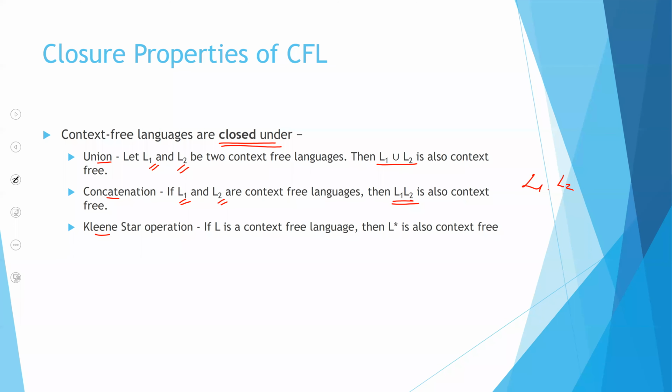Kleene closure, if you say a language is context-free, even the closure of it, the Kleene closure, that is also context-free. So, closure properties mean that if one or two languages are context-free, their union, concatenation, and their Kleene closure are also context-free.